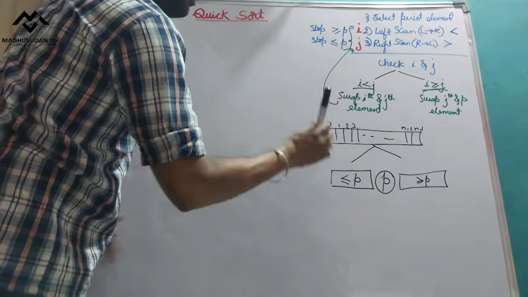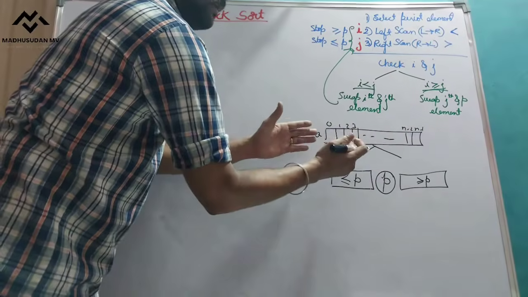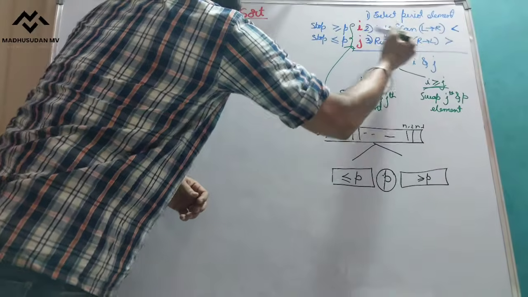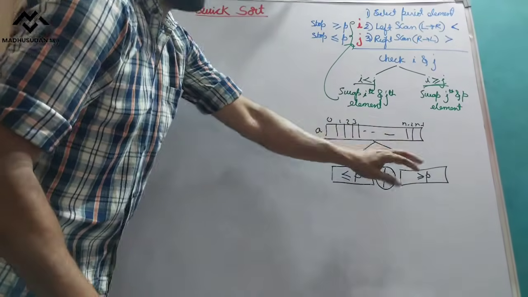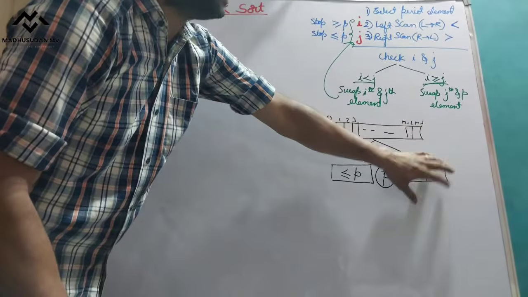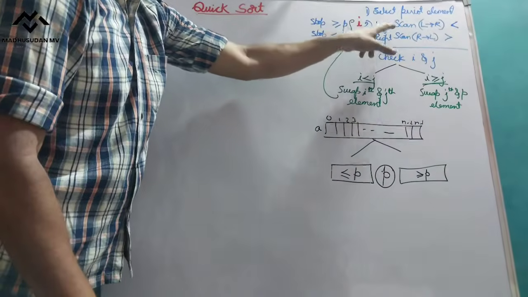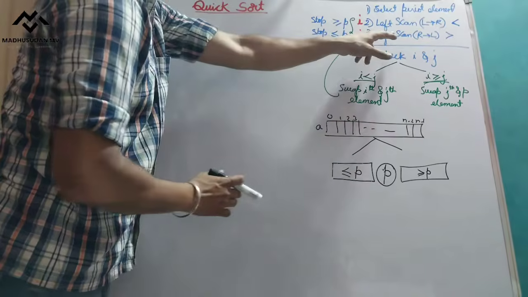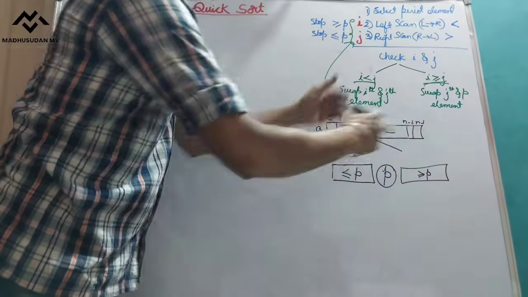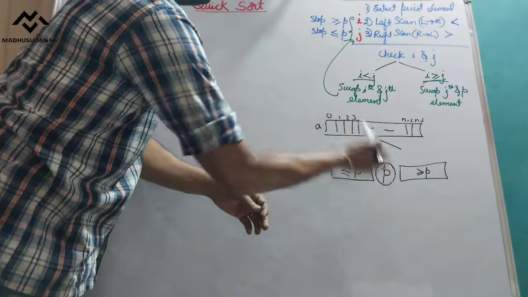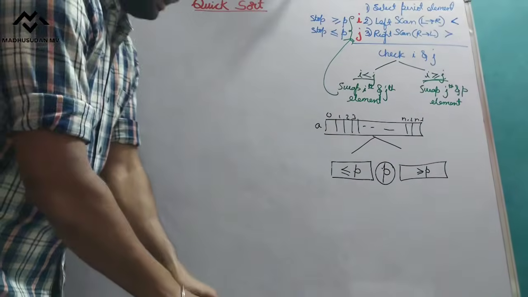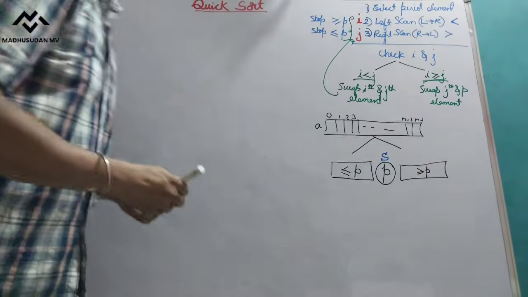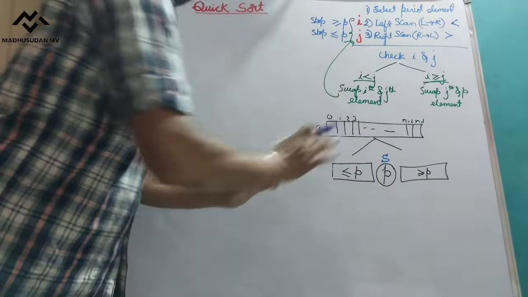To separate the lesser elements among the given set of elements, we do a left scan. Similarly, to separate greater elements, we use the right scan. So the left scan is used to segregate lesser elements, and the right scan to segregate greater elements. After that, in between those two, we place the pivot element. The position where we place the pivot element is the split position.